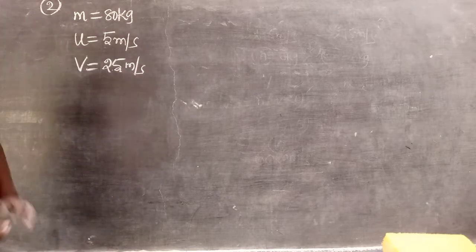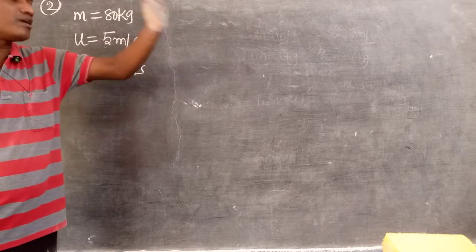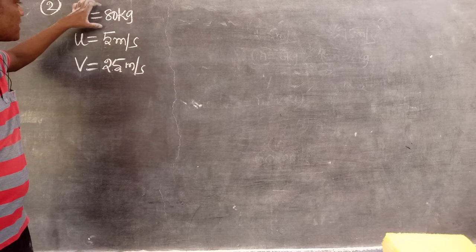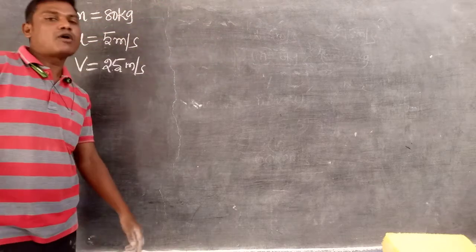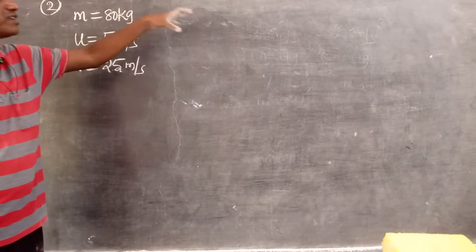How much momentum is required? Listen to the question very carefully. To increase the speed of the 80 kg scooter from 5 meters per second to 25 meters per second, the force will be applied for 2 seconds. Then during such a condition, how much does the momentum change?